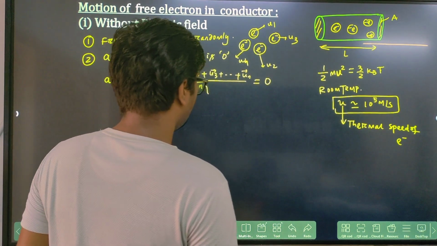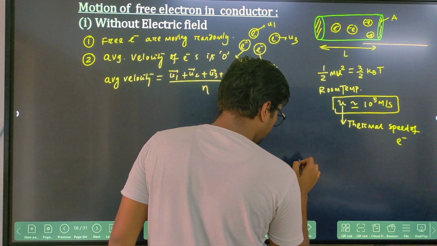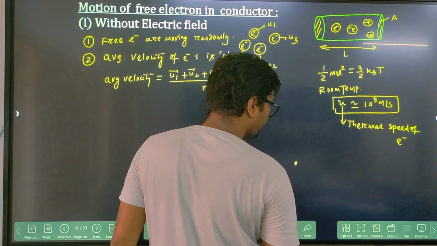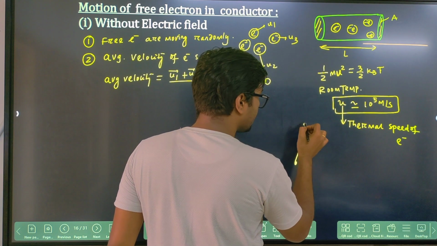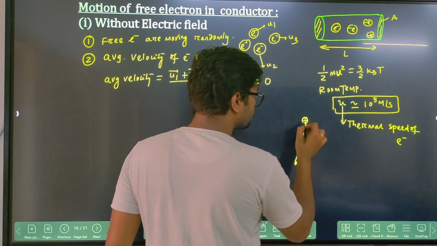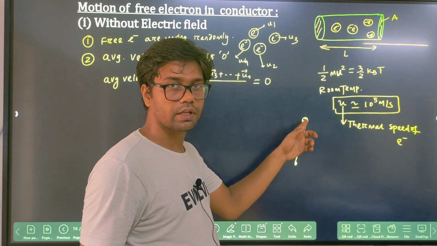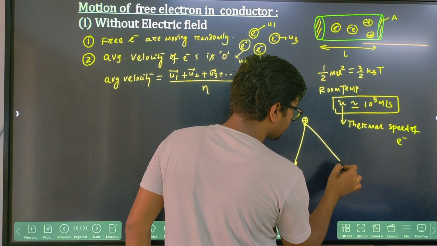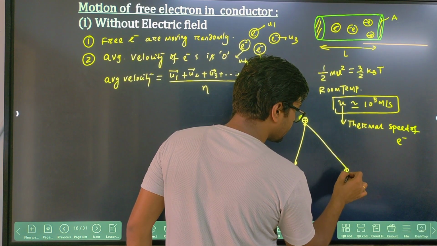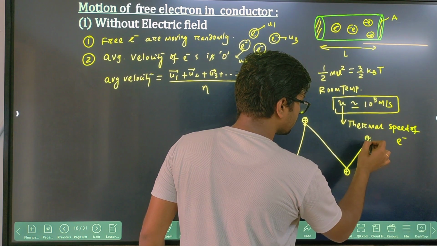Okay, now let's talk about the motion of one electron. If I take one electron here, it will move and collide with the lattice site or positive ion, change its direction, come here, again collide with the lattice site, and move like this. Clear?